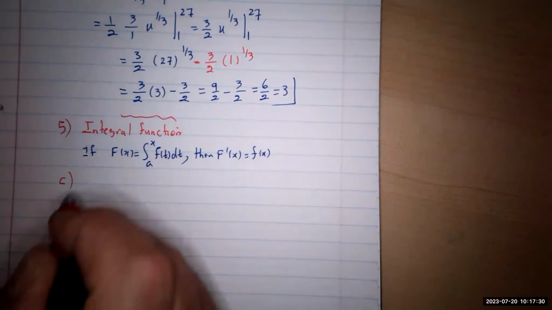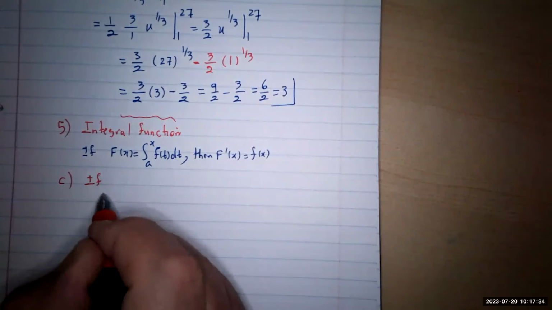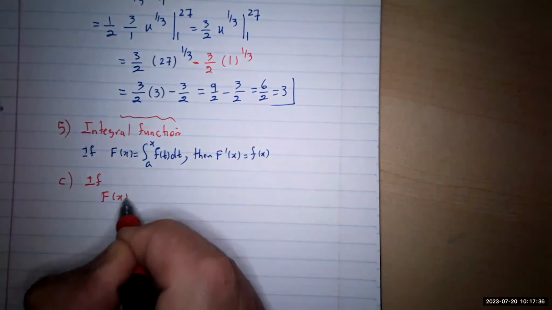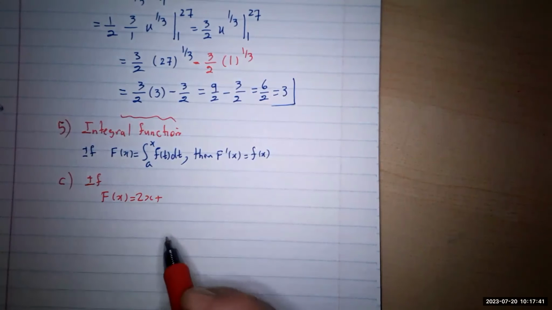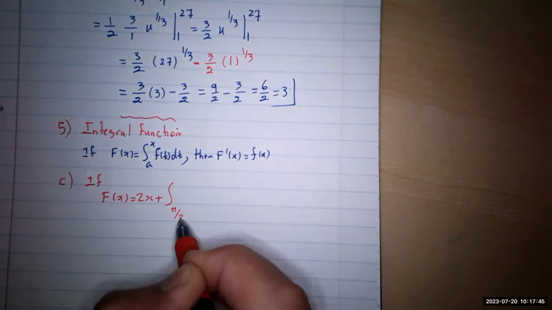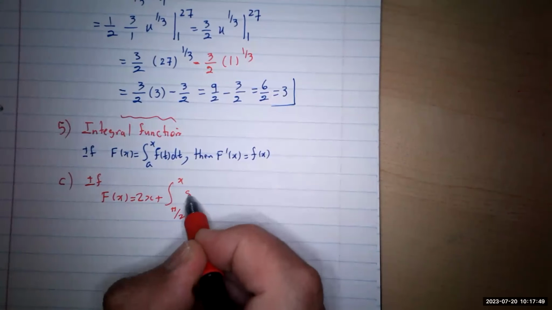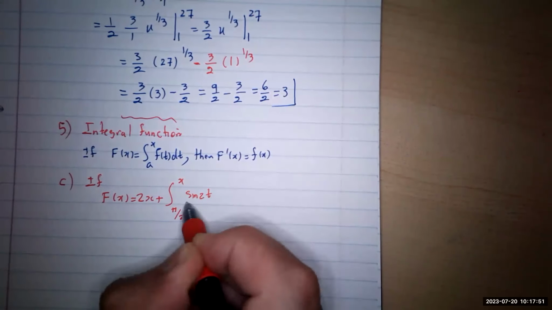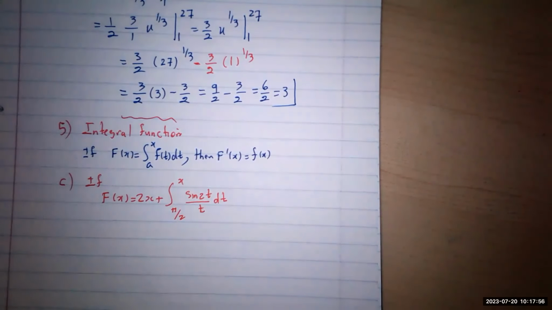You see the function? If f of x is equal to 2x plus the integral from pi half to x of sine of 2t over t dt. That integral, sine t over t, you can't find it.